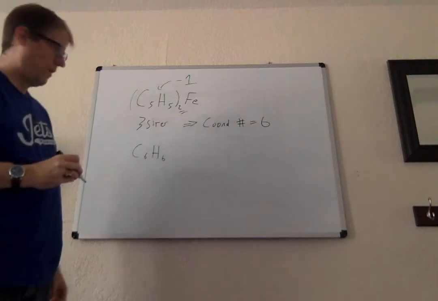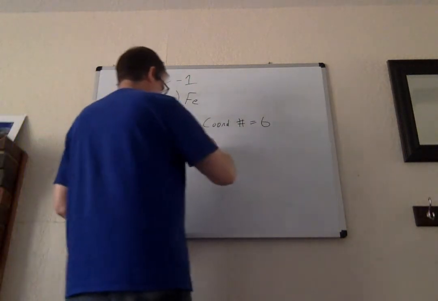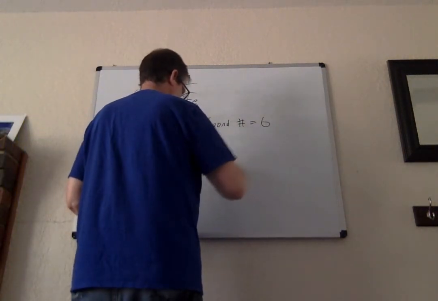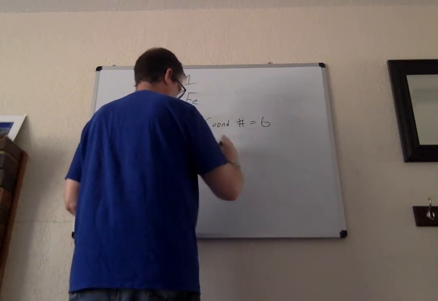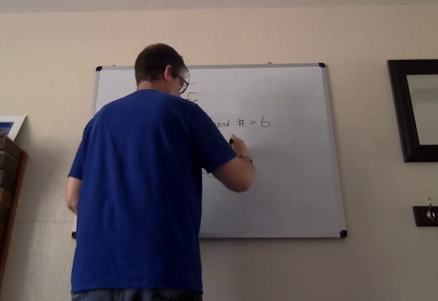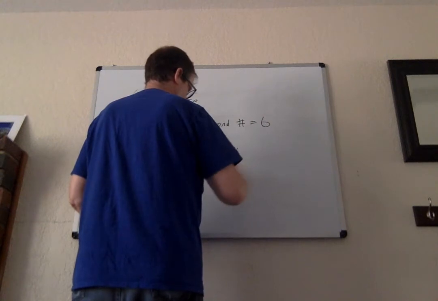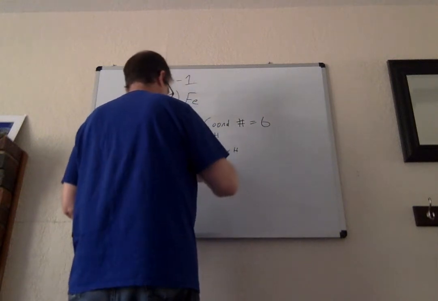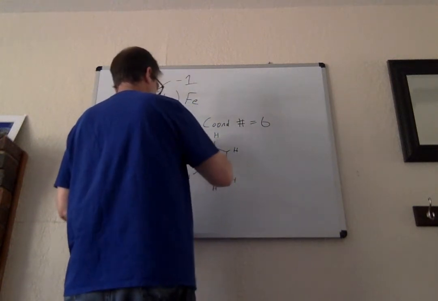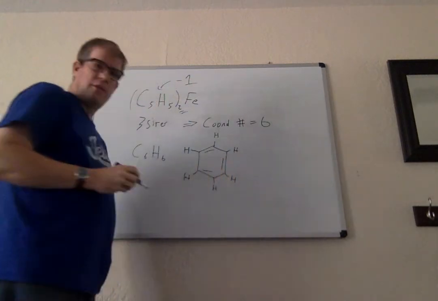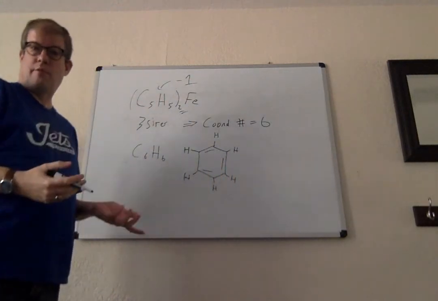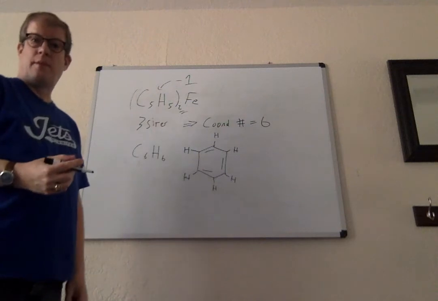C6H6. If you draw the formula of that, I'll just remind you that there's 6 hydrogens around the periphery. This is benzene.